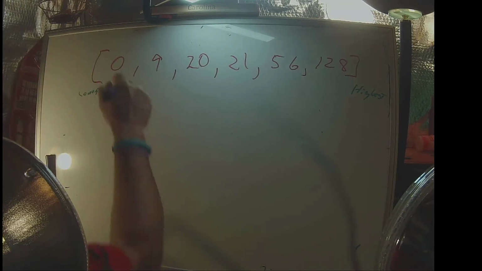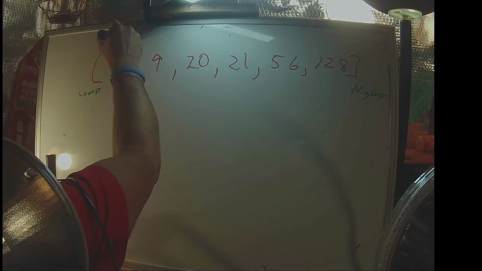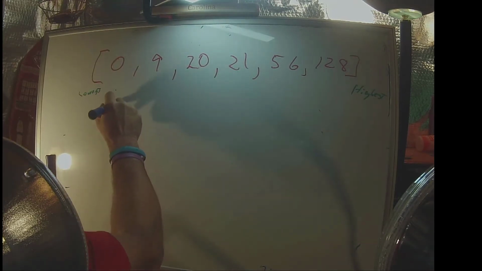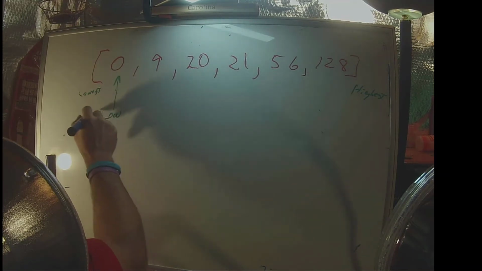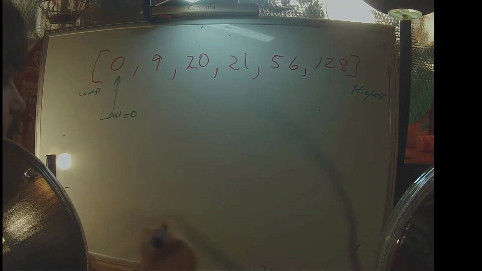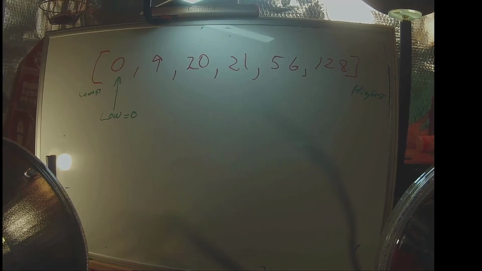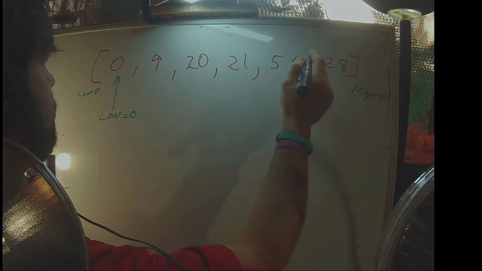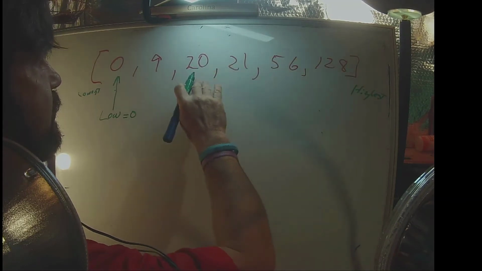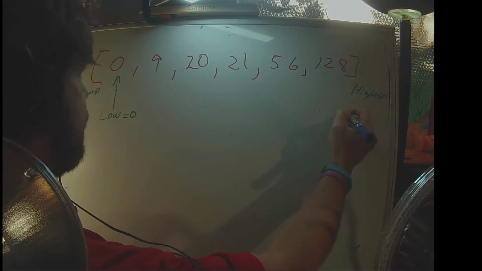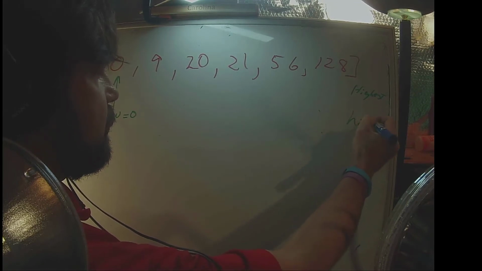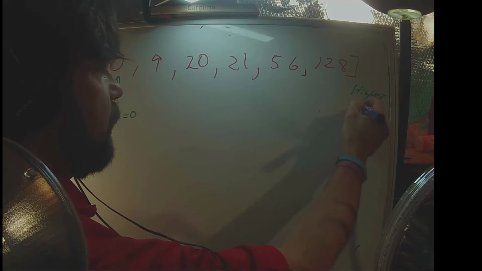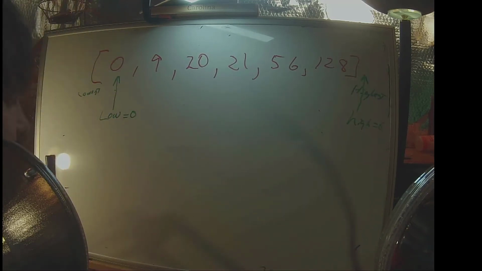So we set some variable low to point to here, so low is set to 0. And we'll set some variable high. 0, 1, 2, 3, 4, 5, so there are 6 elements in here. We set our variable high to be just off our list, so that it points just to the end of the list.